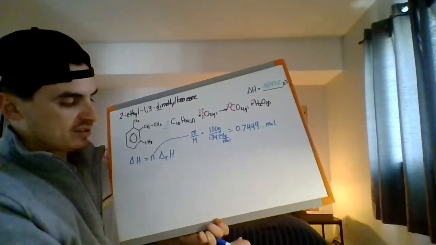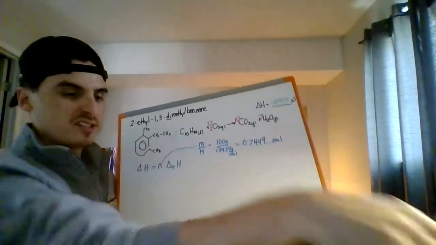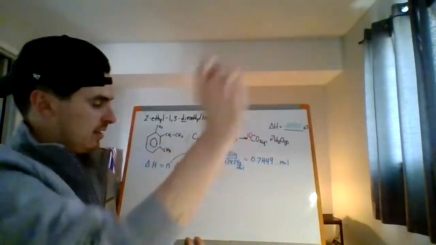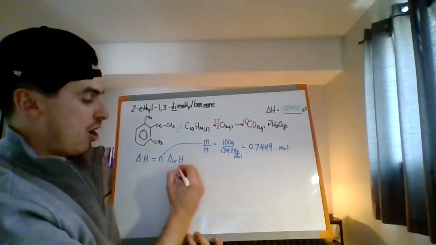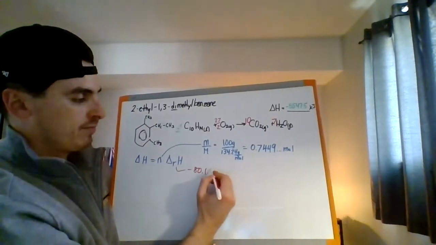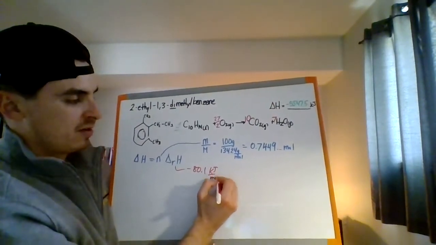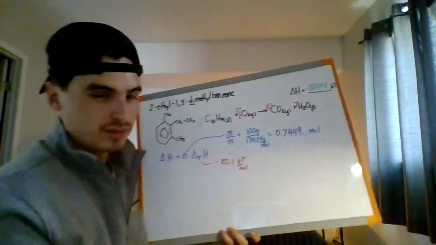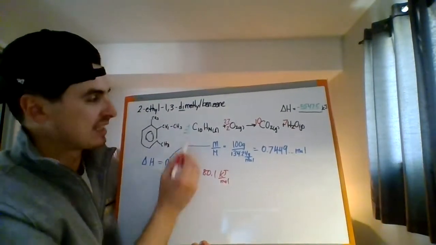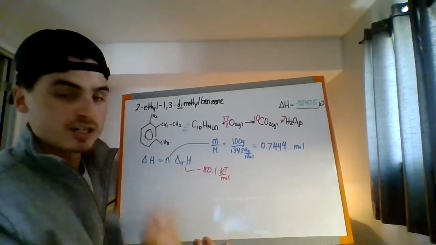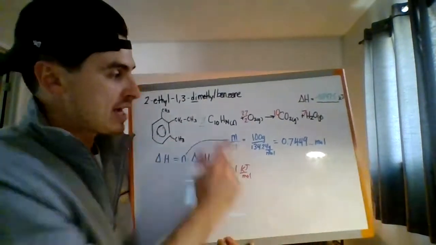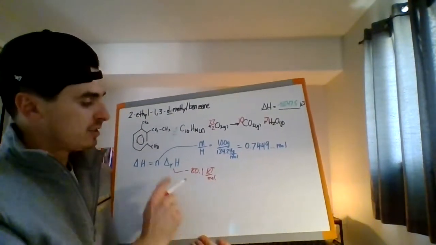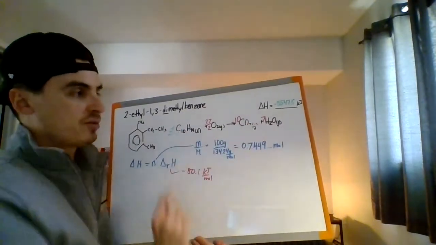Well, now I need to find delta rH. Okay, this is where a lot of people get confused. They're like, oh, delta rH is negative 80.1 kilojoules per mole. That's wrong. That's not delta rH. That's delta fH. r stands for reaction. What type of reaction is this? It's combustion.